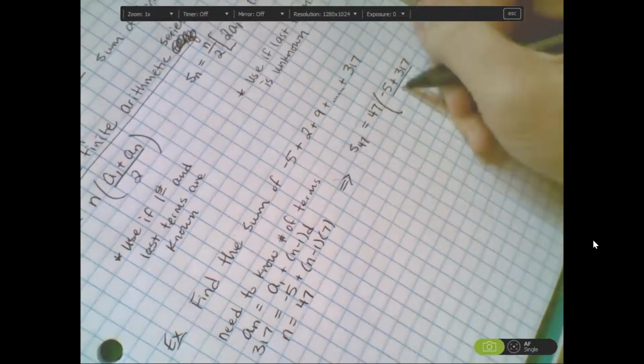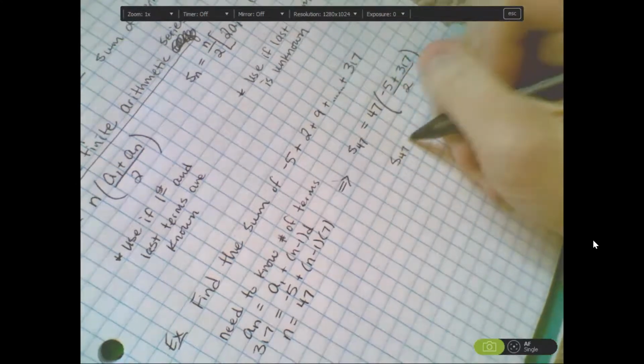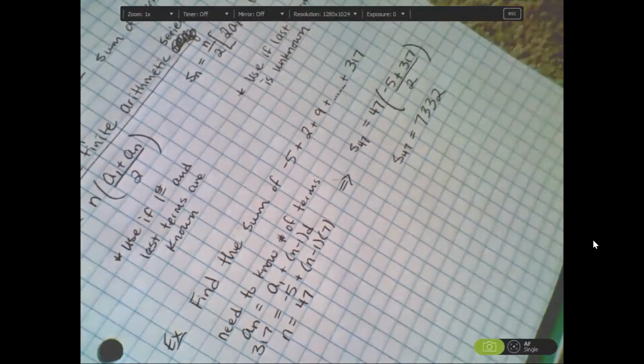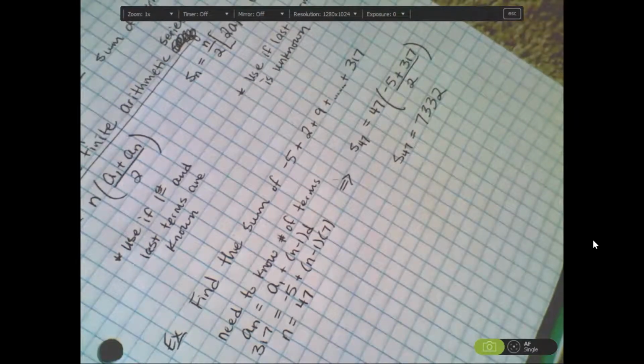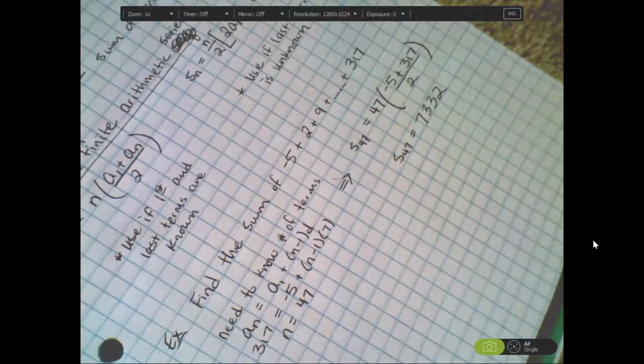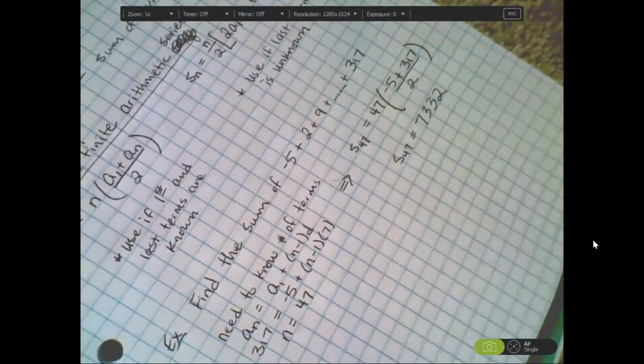Our last number is 317. We're going to add those together, divide by 2. If I work this out, our sum turns out to be 7,332. So adding up all of these numbers, even though we don't know what some of these numbers are, we can still get a sum.